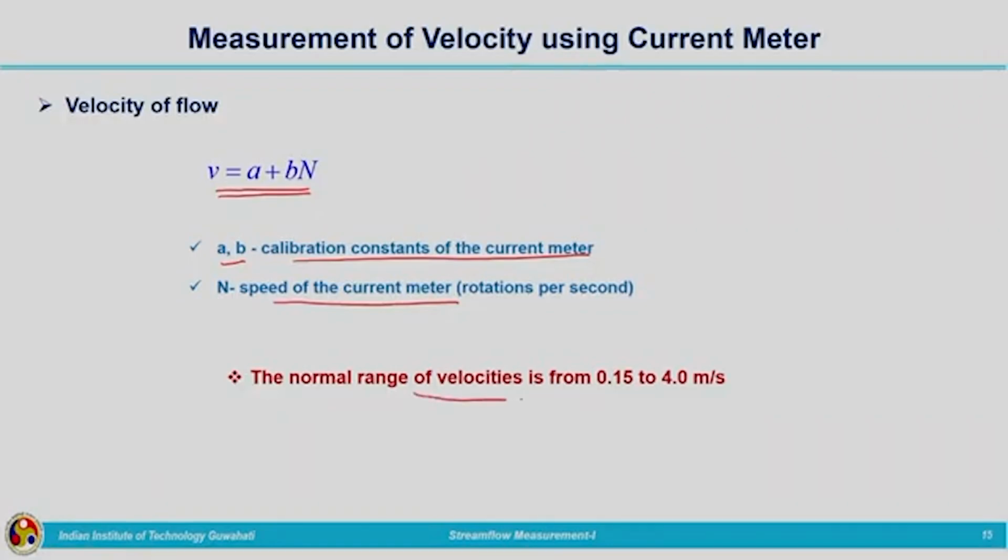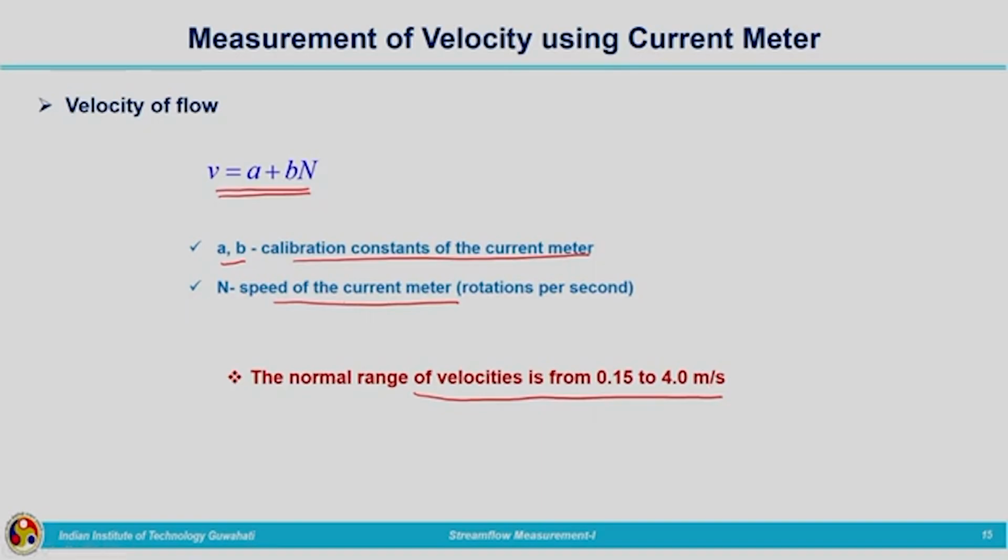If the rotations per second is available to us, that can be utilized along with the calibration constants to get the velocity of the flow by making use of the current meter. The normal range of velocities measured by a current meter is between 0.15 to 4 meters per second.